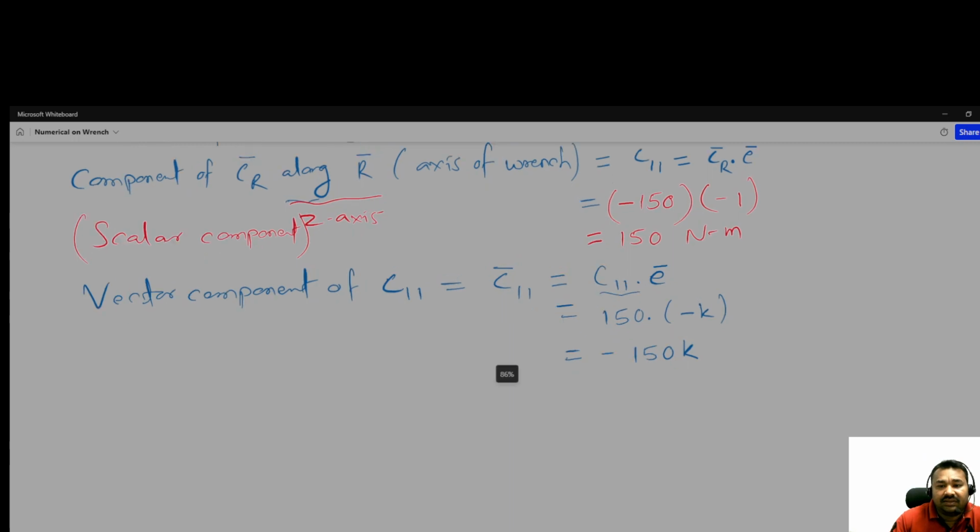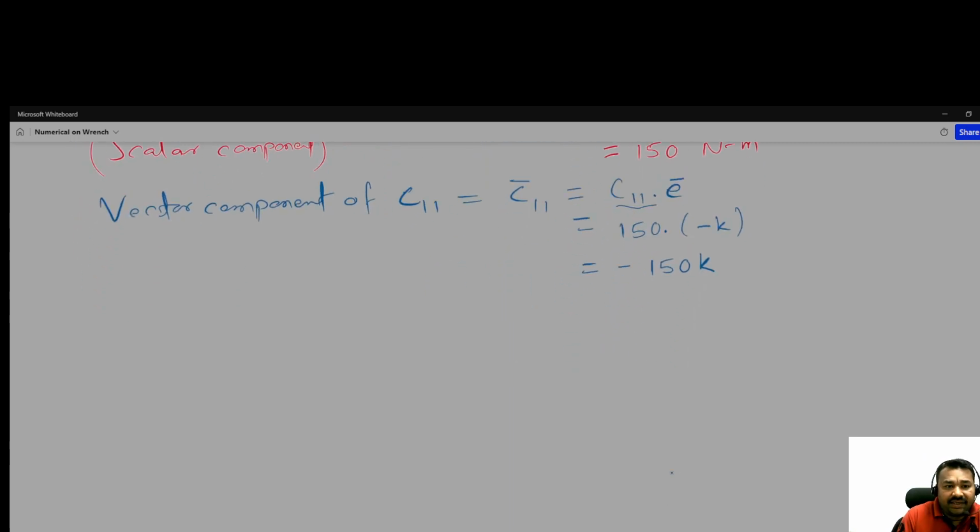So next, after getting C parallel, we have to get the C perpendicular. It is equal to CR minus C parallel.